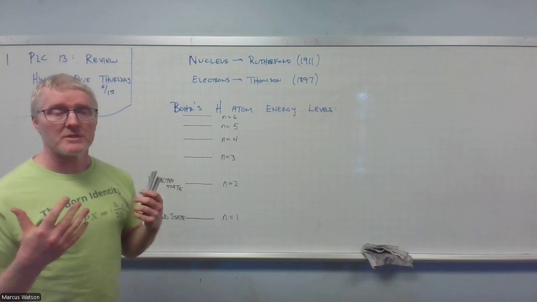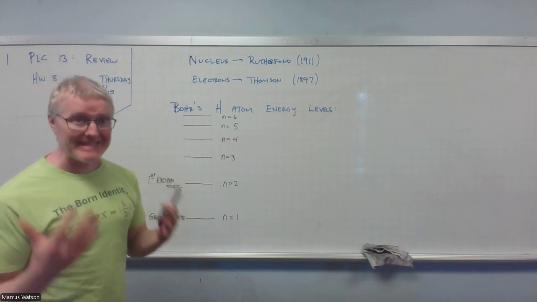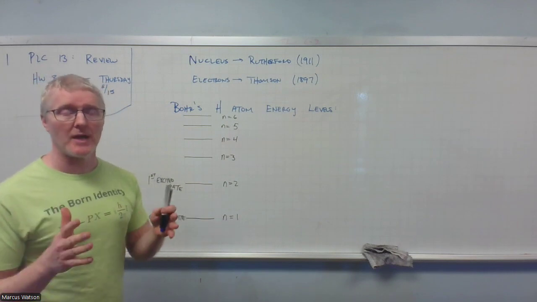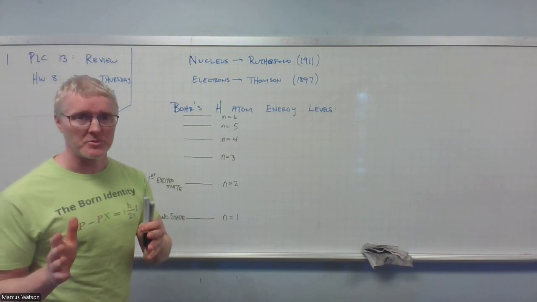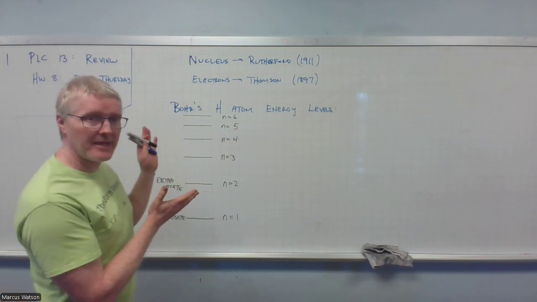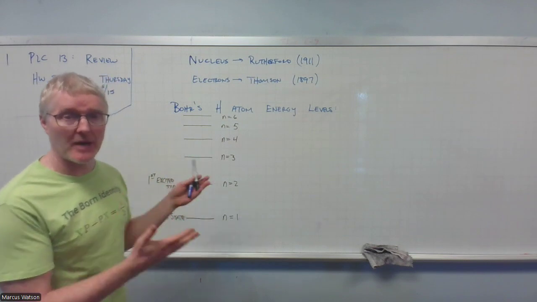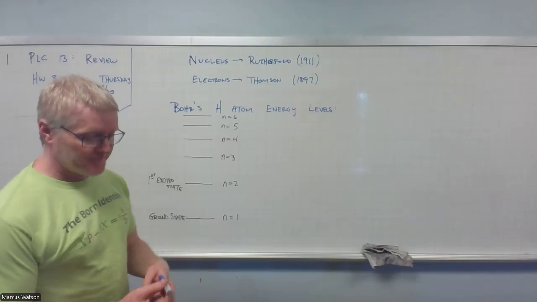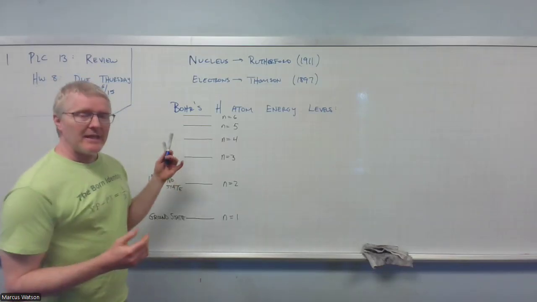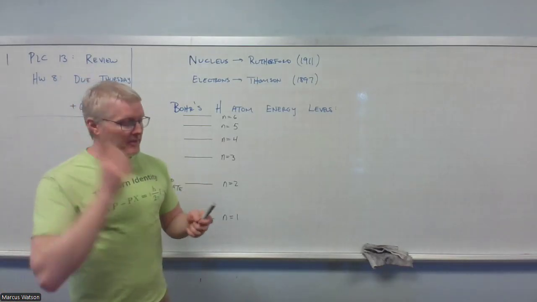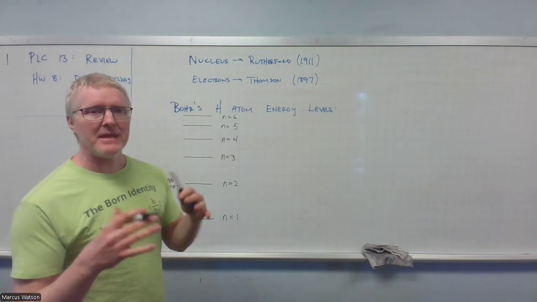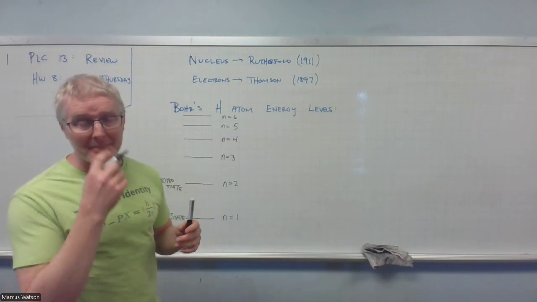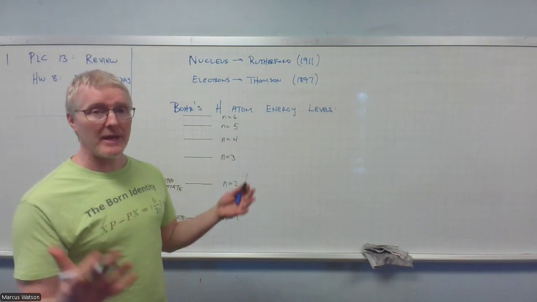Now, Bohr's idea about how to describe the spectrum of hydrogen from an electron, from an atomic point of view, is basically as follows. He imagined that the electron has many places where it could go when you put energy into it.